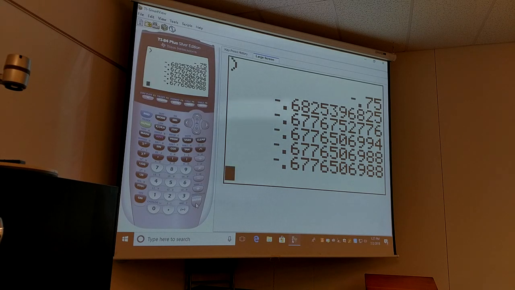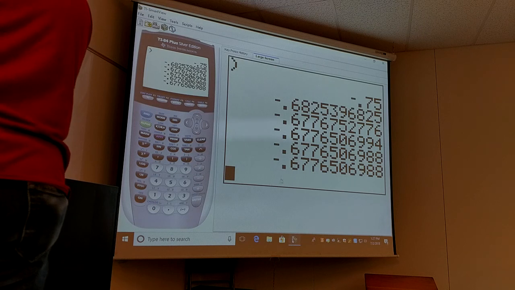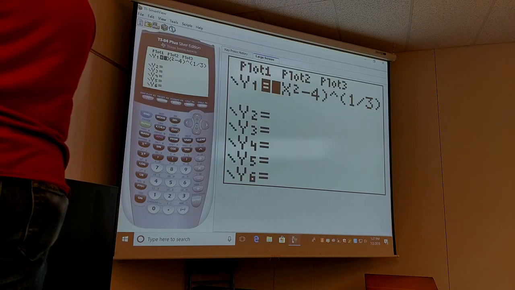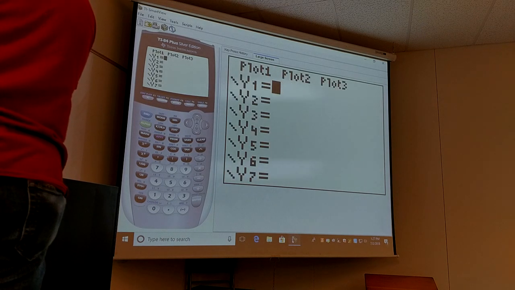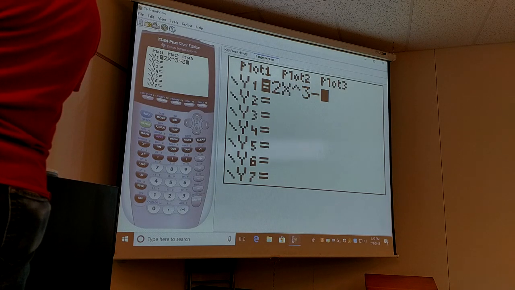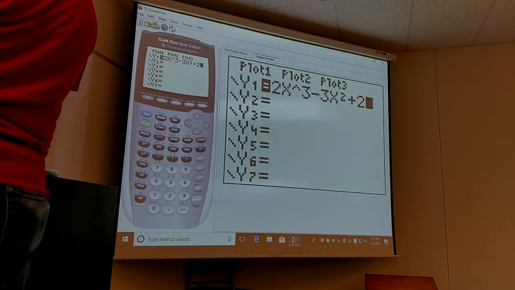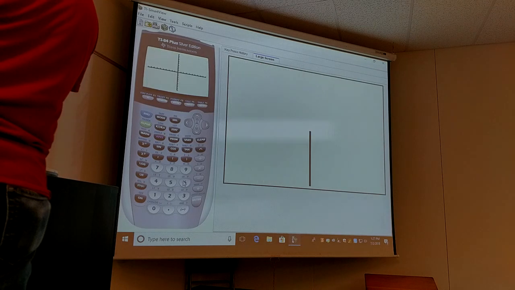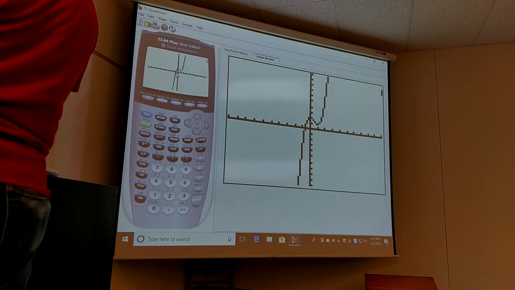So real quick, obviously, if you just put in 2x cubed minus 3x squared plus 2, there's one right there. See it?